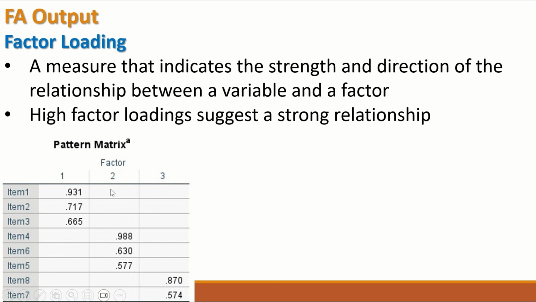For factor 2, items 4, 6 and 5 hold together and load together to that factor. So it looks like they measure this factor. And finally, factor 3 consists of items 8 and 7. They are loading into that factor with values of 0.87 and 0.57.